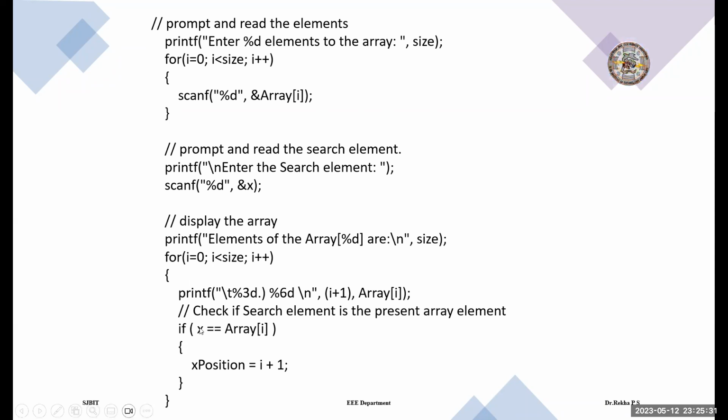If x is equal to array[0], you have to check what the position is. If x is equal to array[5], what does that mean? The element you're finding, if it is equal to array[i], then you record the position. The position is i plus 1. Why i plus 1? Because the index always starts from 0.